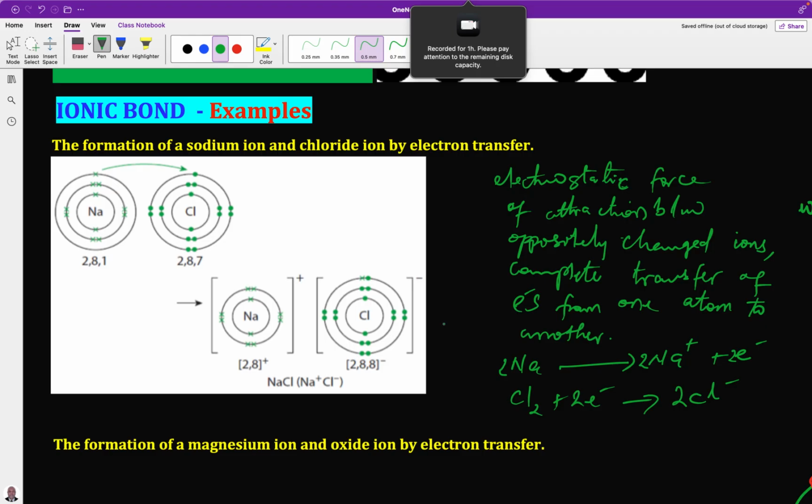The attraction between the anions and the neighboring cations and vice versa results in a huge ionic lattice. An example is the sodium chloride lattice. What is a lattice? A lattice is a regular, repeated arrangement of particles that are present in a solid.